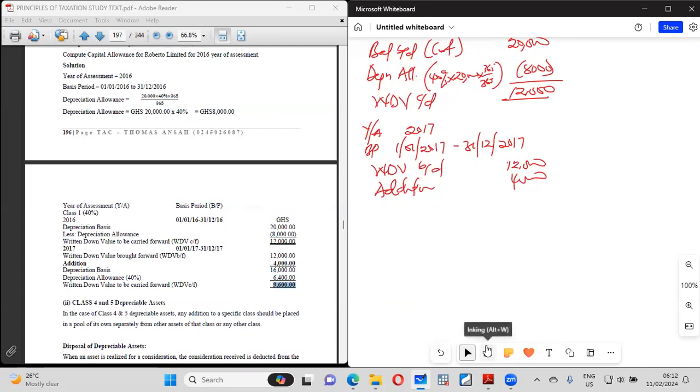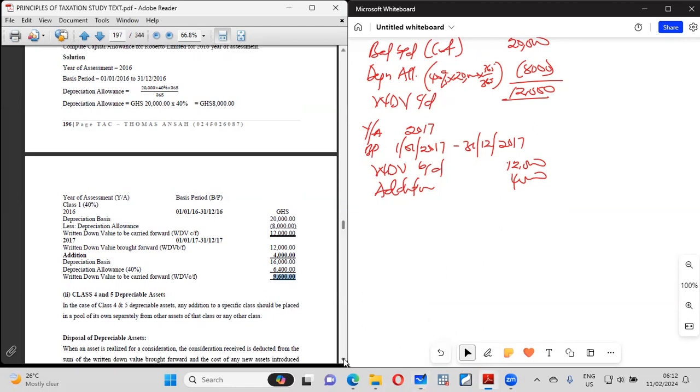So please be careful, and we will solve an example like that. You create a new column. That is what you'll be doing. All right. So you have to finish reading the entire question to see if there is a need for a new column for the class 4 asset or the class 5 asset. So when we solve the bigger picture, you will get it. All right. So that is that.